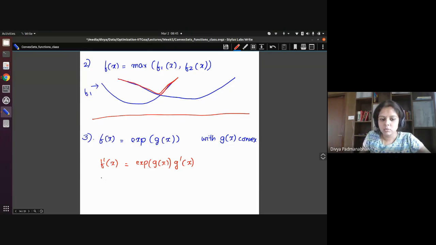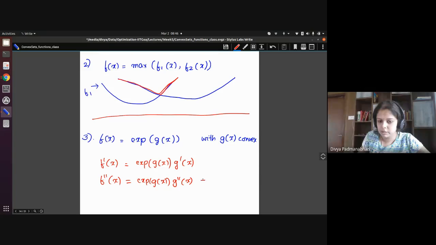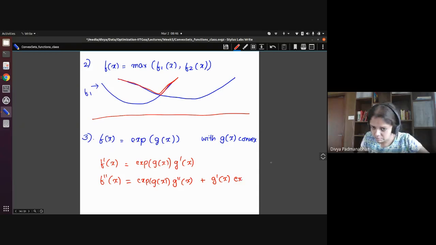Now the second derivative is just going to be what? Exponential g x times g dash x, plus exponential g x times g dash x times this.